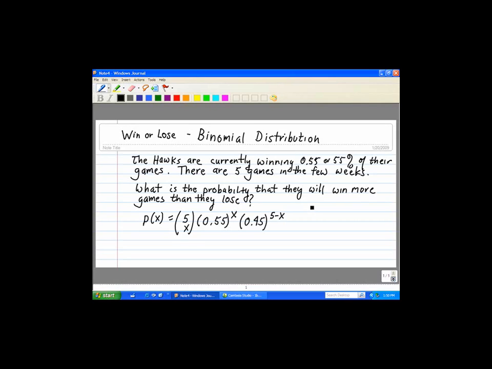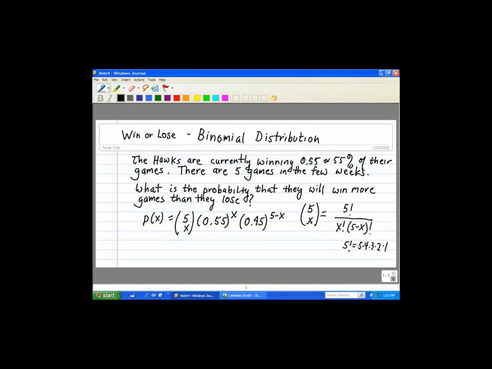Again, this notation represents the number of combinations, which is 5 factorial over x factorial times 5 minus x factorial. For example, 5 factorial means 5 times 4 times 3 times 2 times 1.